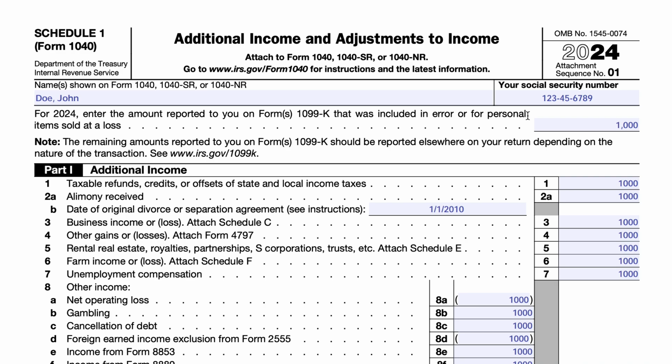So I believe in 2023, there was a dollar amount and a number of transaction threshold, so only people that sold more than $20,000 worth of merchandise received a Form 1099-K.